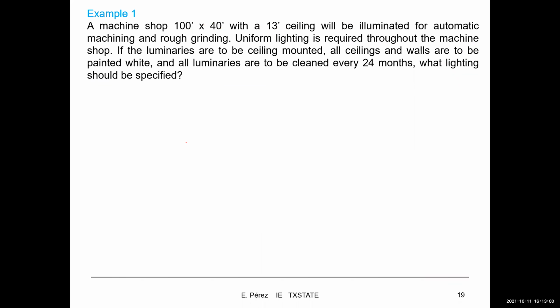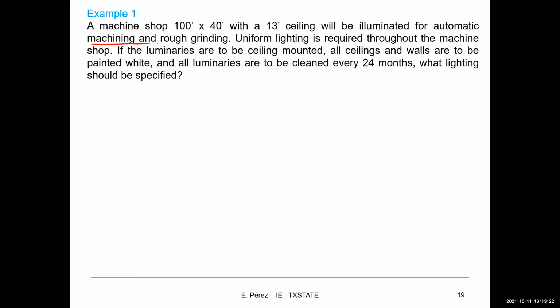So let's try to work with this example. We are working on designing a machine shop with an area of 100 foot by 40 foot, with a 30 feet ceiling, that will be illuminated for automatic machining and rough grinding.